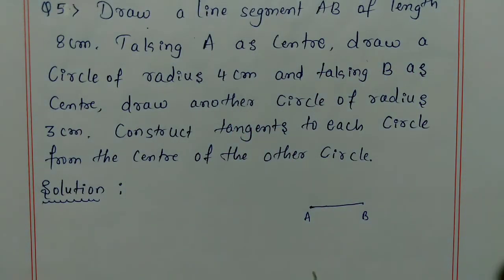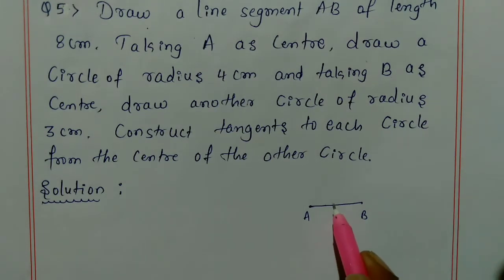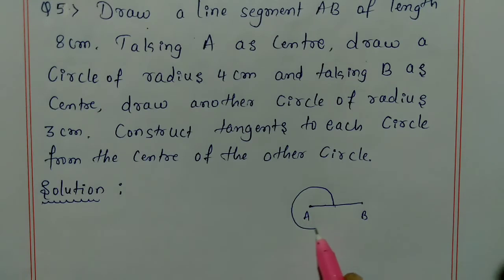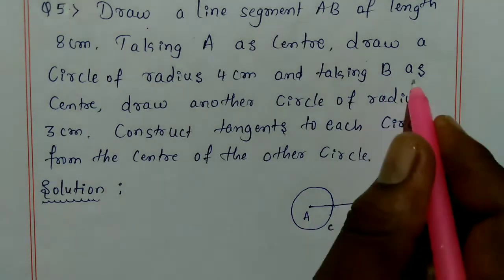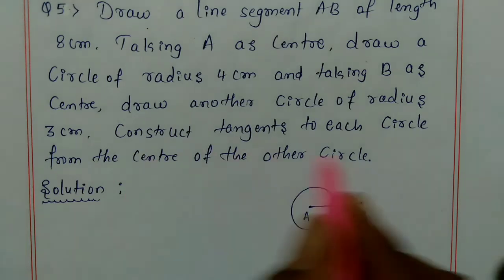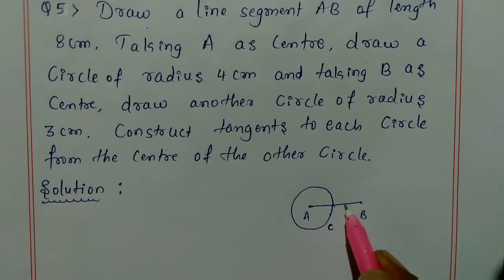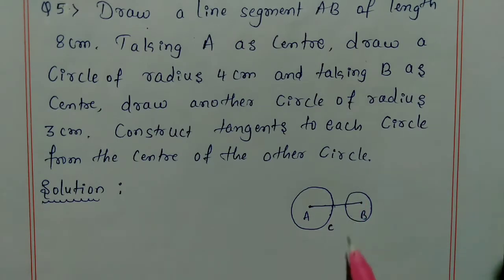With the help of compass, you can take 4 centimeter and draw the C1 circle, taking A as center. Similarly, taking B as center, draw another circle of radius 3 centimeter. With the help of compass, you can draw a 3 centimeter circle, that is the C2 circle. This is C1 and this is C2.